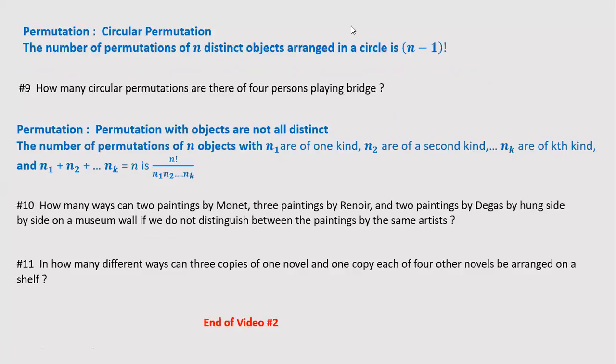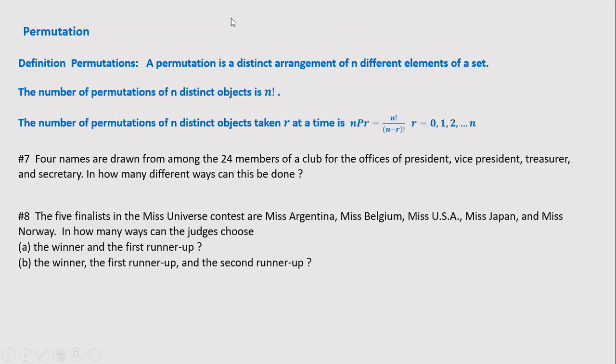Before we look at the problems, I have a list of formulas for you, but I'd like to talk more about it, and then we'll take a look at the problems. So let's go to the whiteboard.